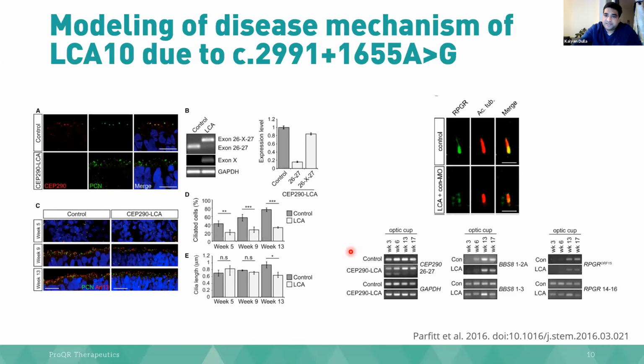They have also made an interesting discovery that the amount of wild-type CEP290 in the LCA organoids decreases as they differentiate into photoreceptors. So there is more wild-type CEP290 at 3 weeks than at 17 weeks. This explains why this particular mutation causes only a retinal phenotype. It appears that the splicing in the photoreceptors is highly prone to this particular mutation.